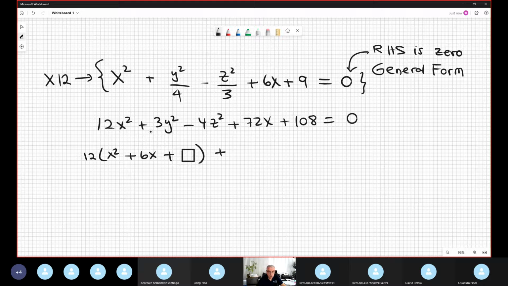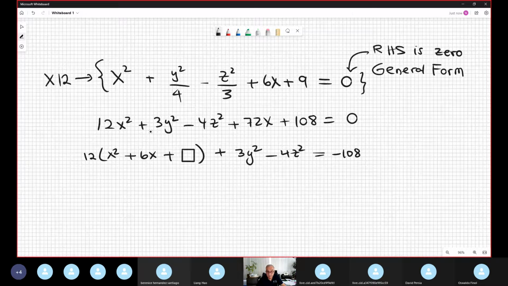Plus 3y squared. Well, 3y squared not necessarily completely square because we have no y. Minus 4z squared, not completely square. In the right hand side, I put negative 108, which is this guy when I bring it to the other side, and plus something.